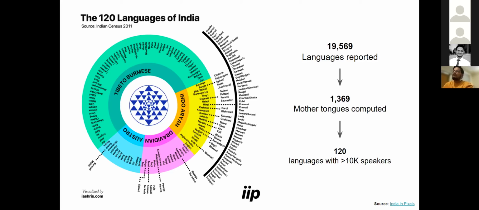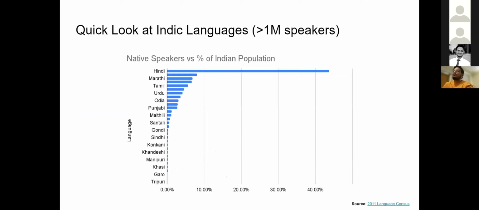I would like to narrow it down a bit to show you this particular plot, where we have all the languages which have more than 1 million speakers in India. This count goes to around 30 odd languages which have more than 1 million, or 10 lakh, speakers in India.